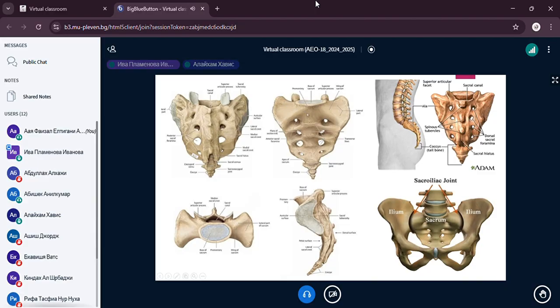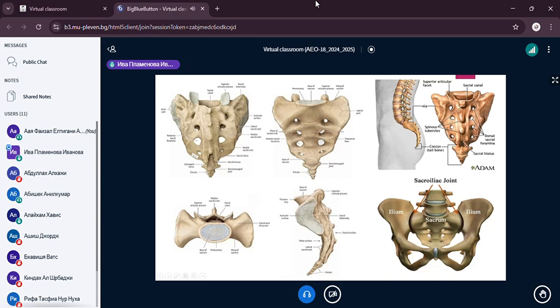Okay, I remember the coccyx, here, below the sacrum. Here, the transverse lines, yes, perfect, on the anterior side. Four pairs of openings, on the anterior and on the posterior side.